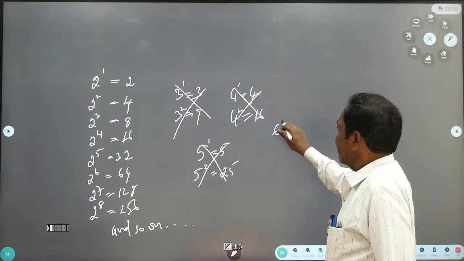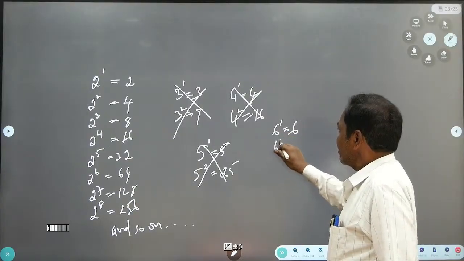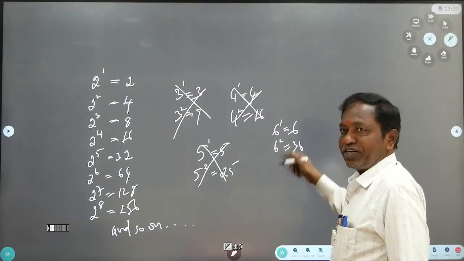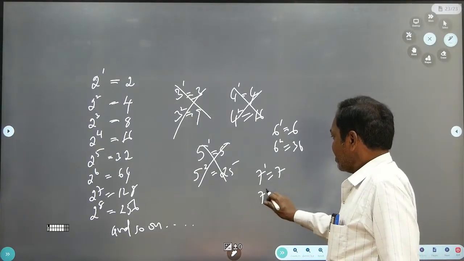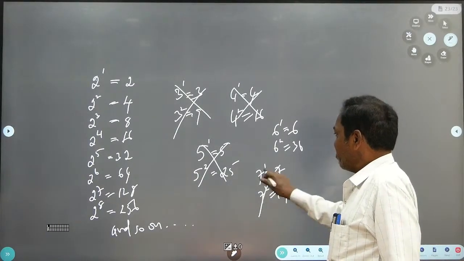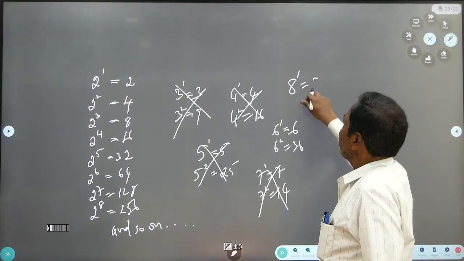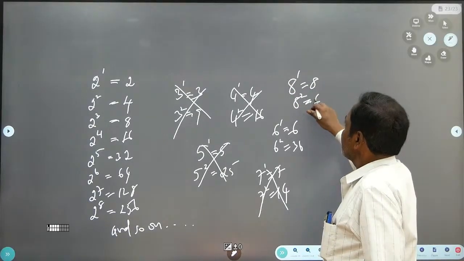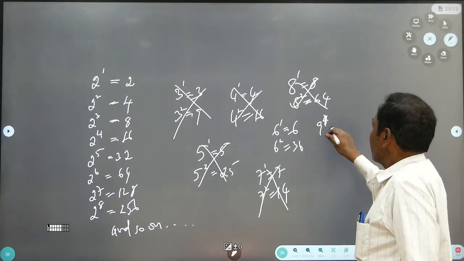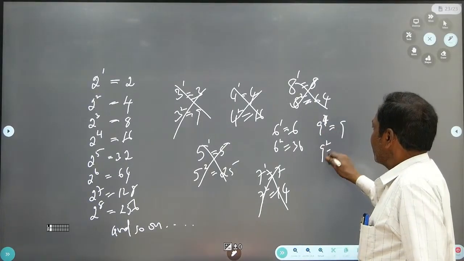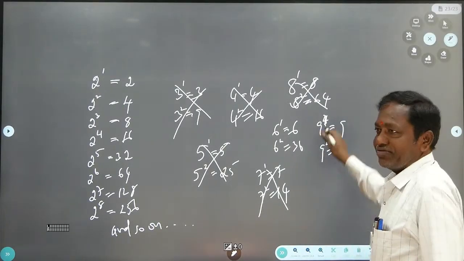If you take 6 to the power of 1, 6 squared is 36, not doubling. 7 to the power of 1, 7 to the power of 2 is 49, no. 8 to the power of 1, 8 to the power of 2 is 64, again not a match. 9 squared is 81, and it goes on.